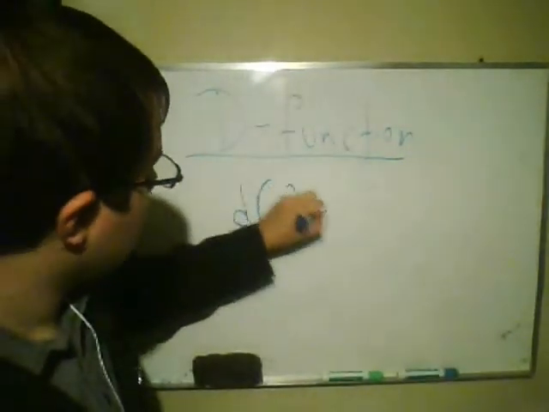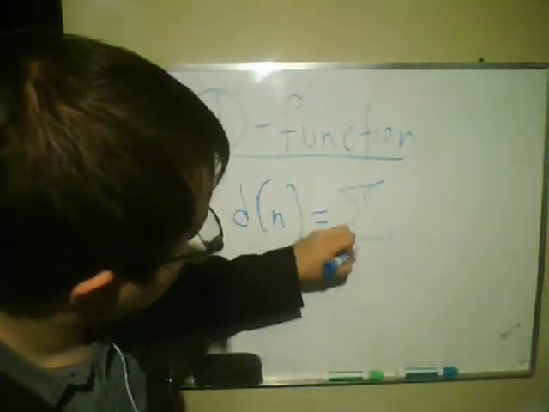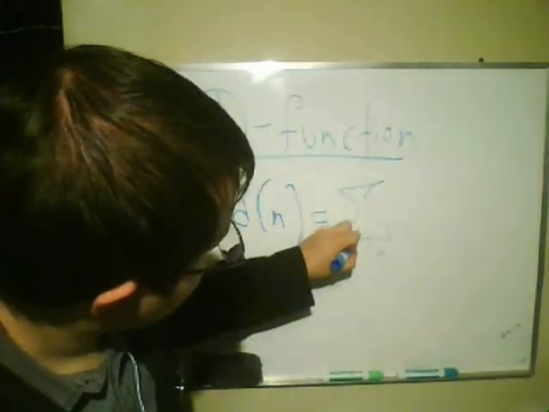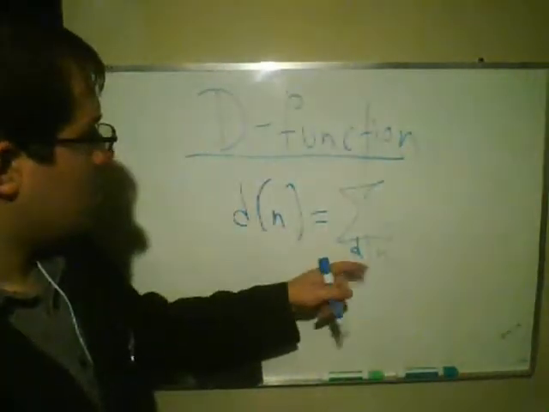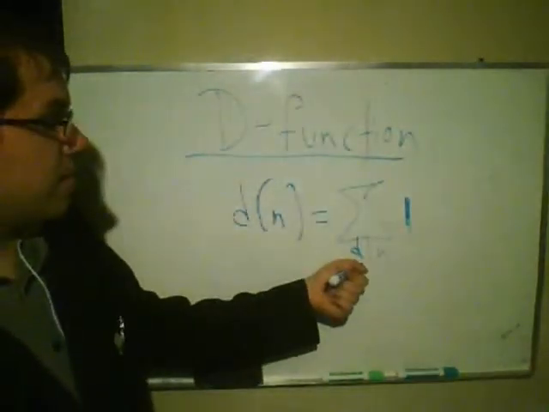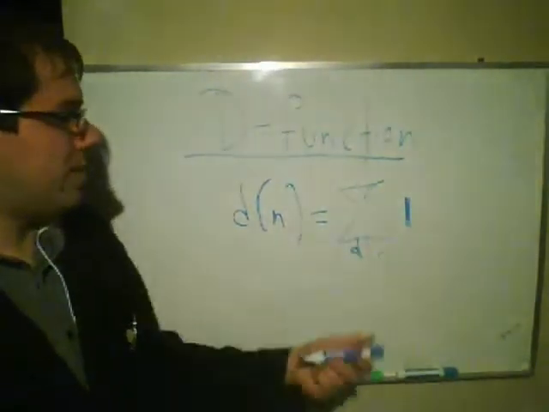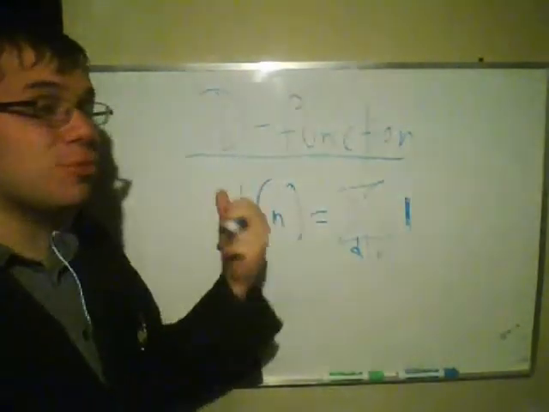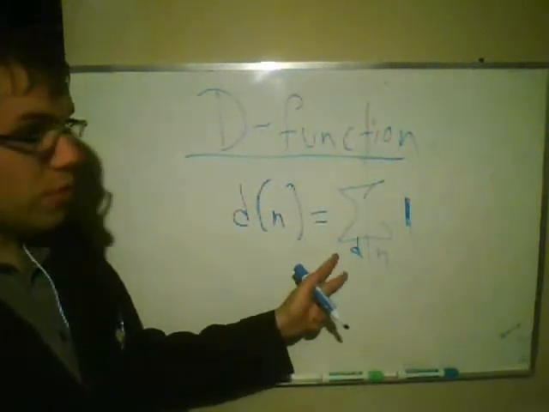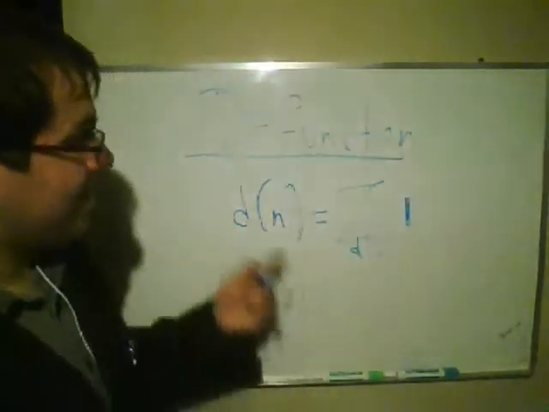It's the sum over d dividing n of 1. So like in our example of 4: 1 divides 4, 2 divides 4, and 4 divides 4. And if you add these up, you get 3.